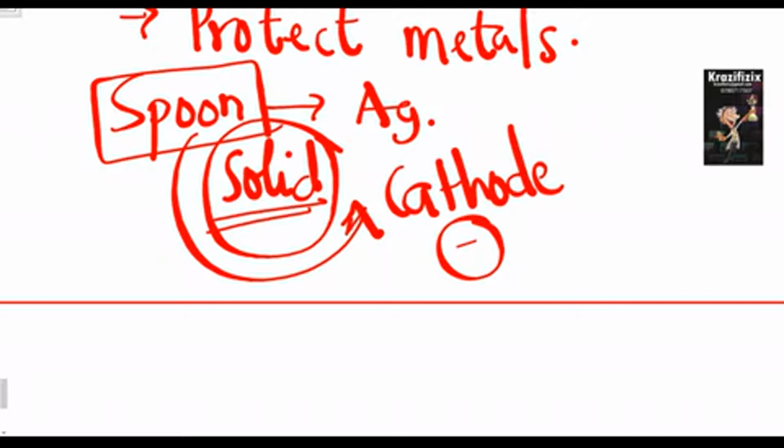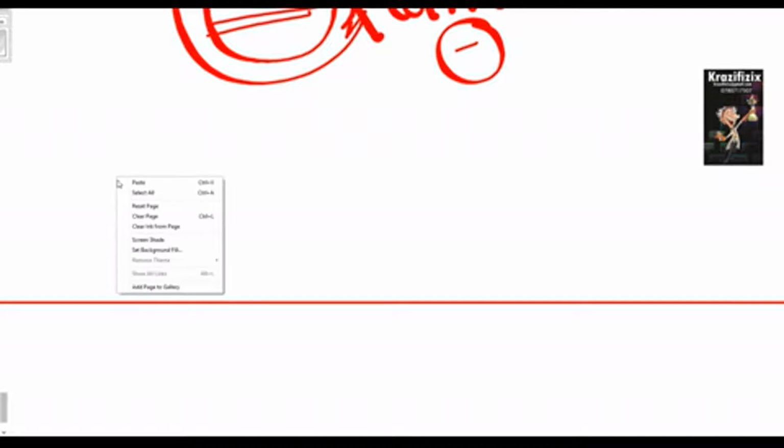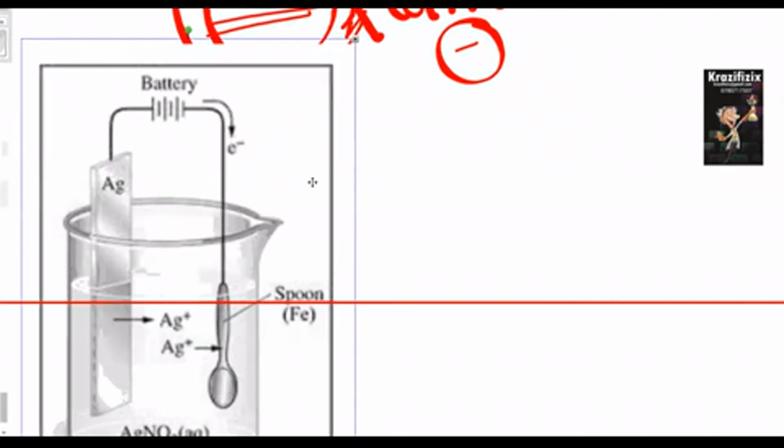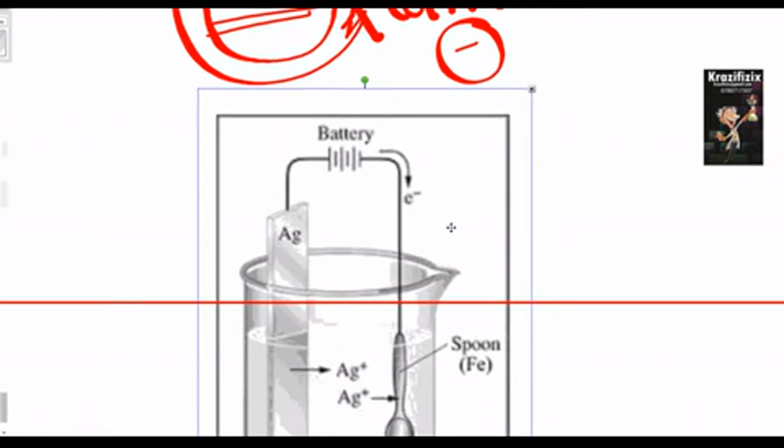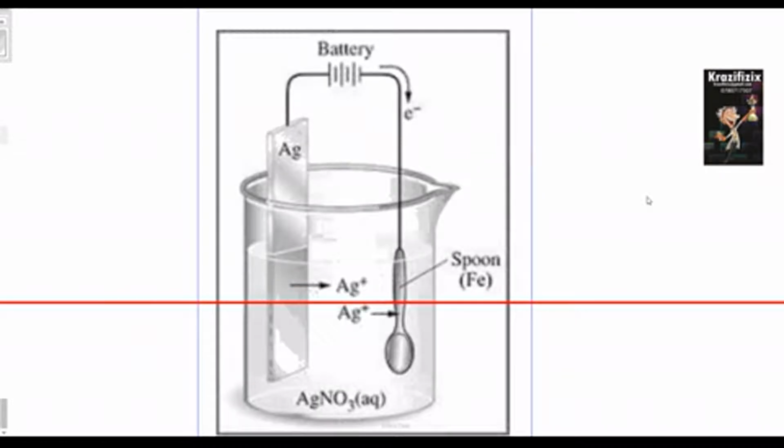Remember, our aim is to have a solid material. We would see a diagram just now. I'm going to crop in a diagram here. Okay, let's check this diagram. Good, we've got what I want. All right, look at this. We want to basically electroplate this iron spoon. Remember, iron rusts easily.